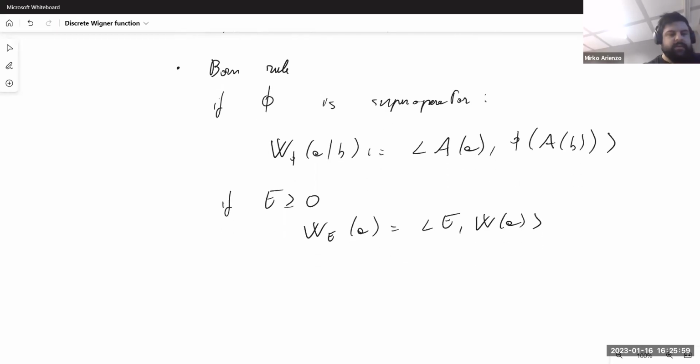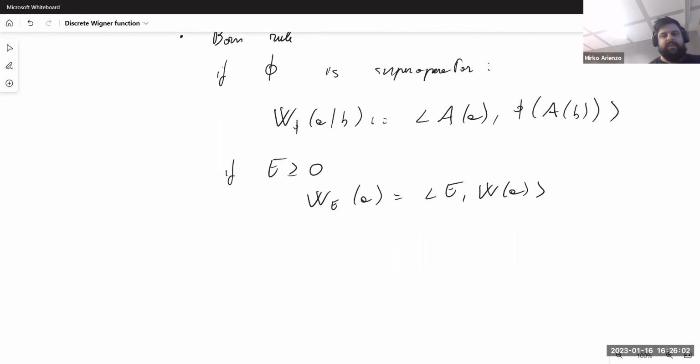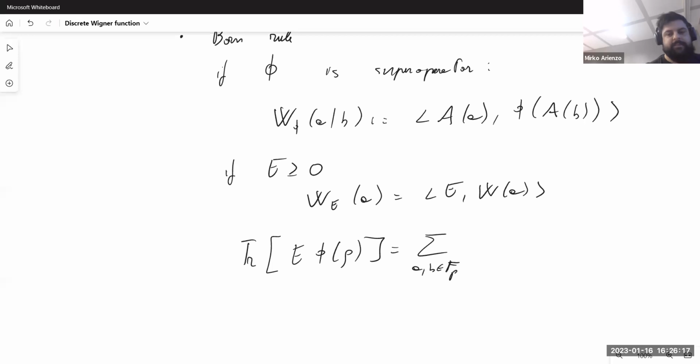And so the Born rule is just, taking everything together, if you want to write the following probability given a state rho, you just have the sum over all phase space points. And then there are all the Wigner functions: the Wigner function associated to the operator E, the Wigner function associated to the quantum channel, and lastly, the one associated with the state rho.